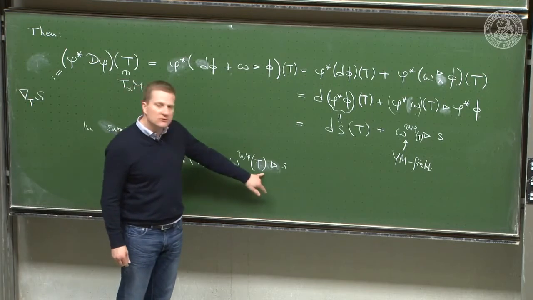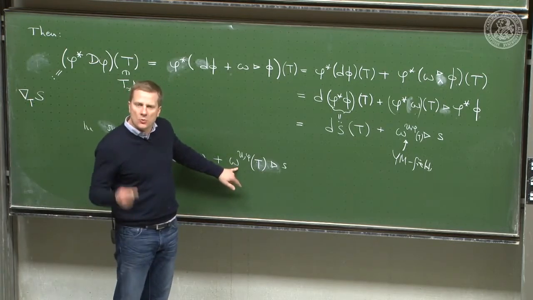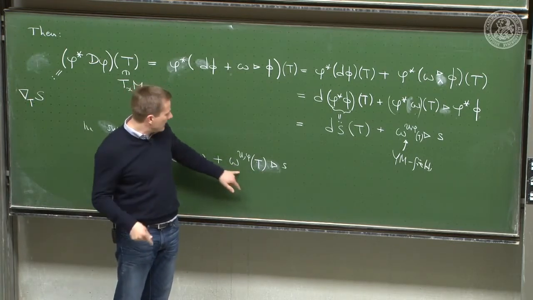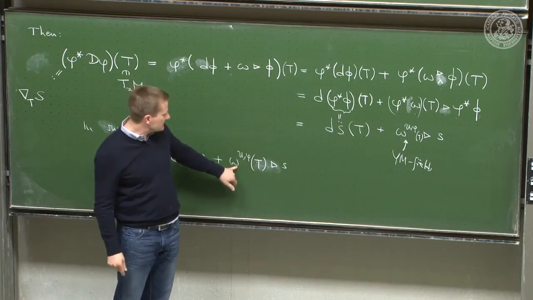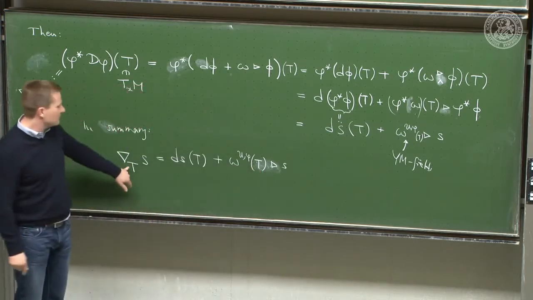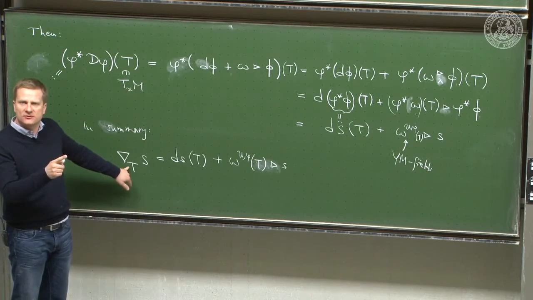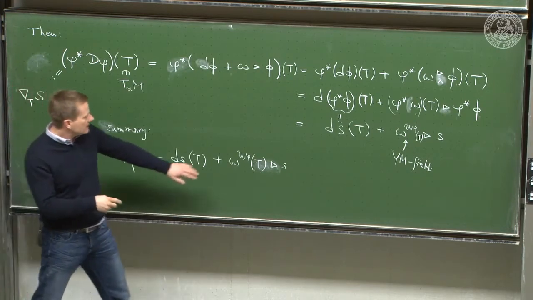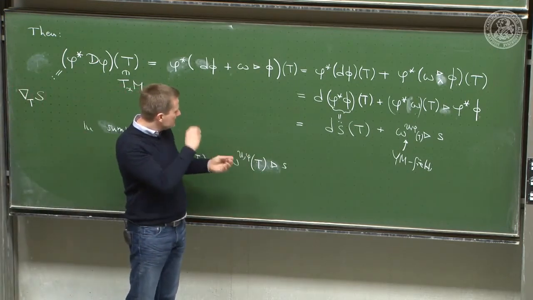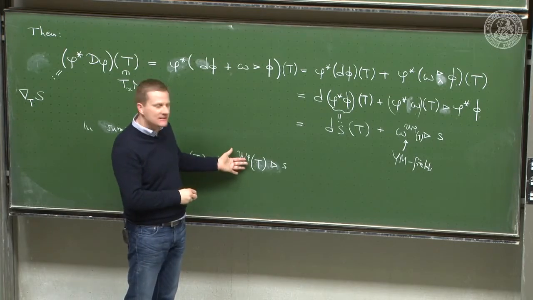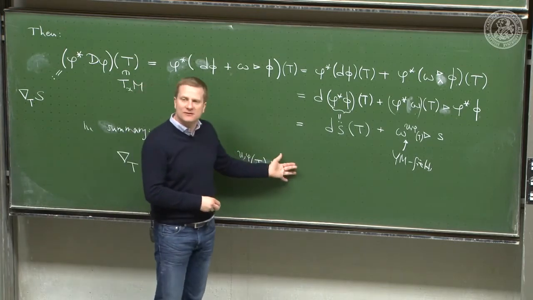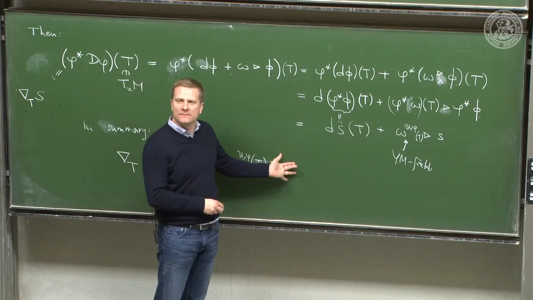These are the connection coefficients. One of the lower indices of the connection coefficients is filled with the vector in whose direction you derive. And then there are two indices left on this guy. These are the Lie algebra indices, and they act on the vector valued thing.